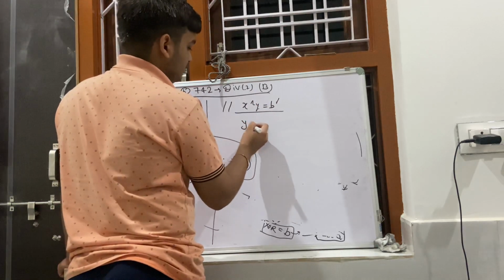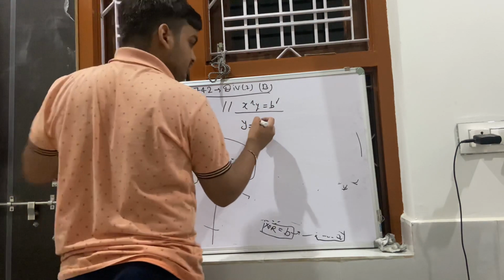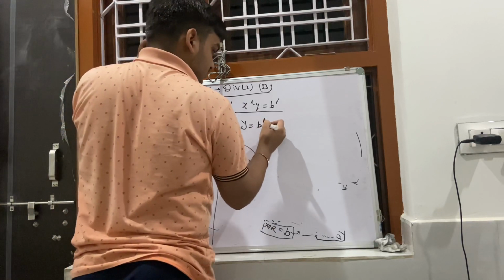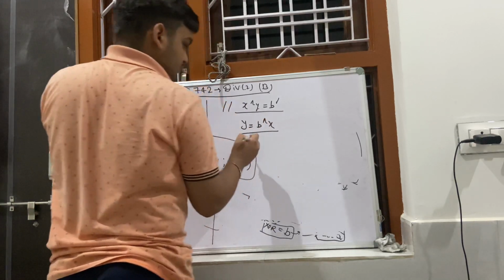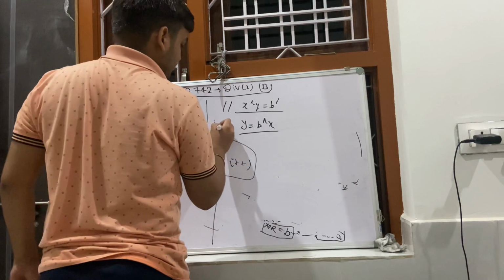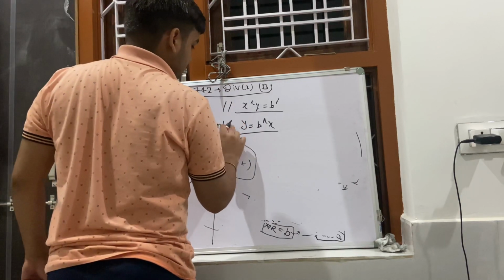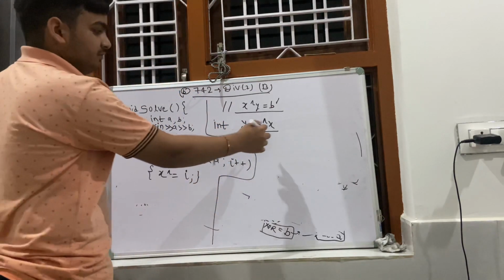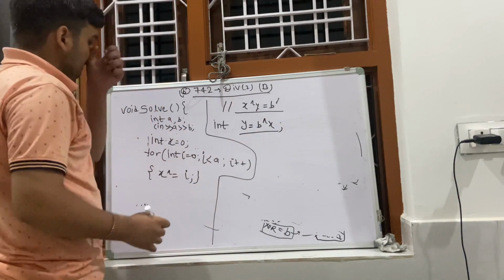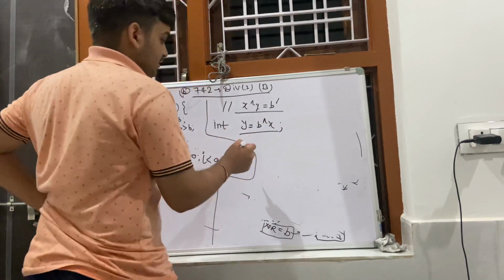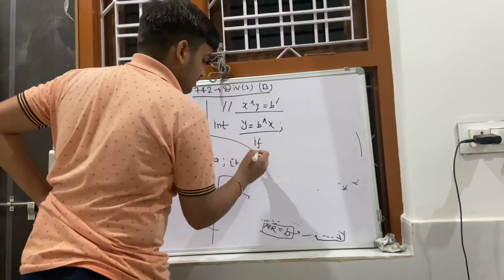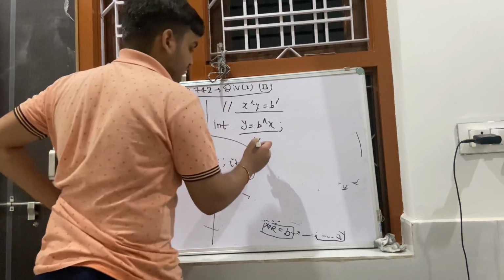y, and we know the property: b is x XOR y. So from here I can find the y value. Now I need to write the if condition.